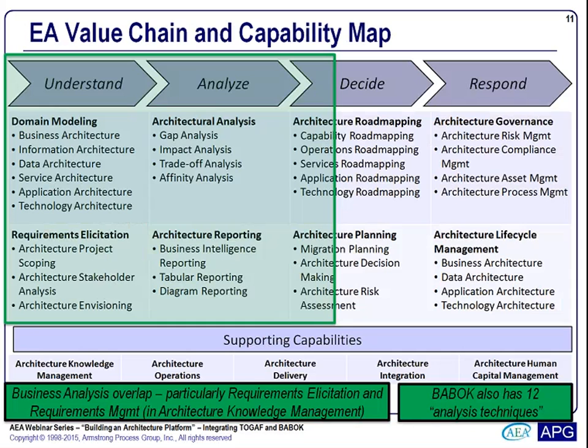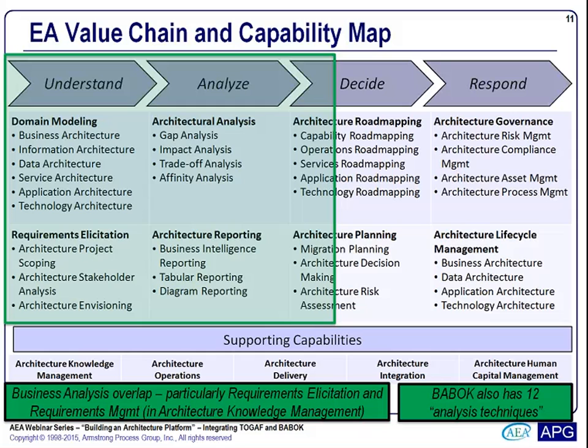Once we understand them, then we can analyze that content to come up with different alternatives and perspectives. Then we can apply architectural rigor and thinking for making informed, data-driven decisions, and then ultimately respond to the opportunities and actually deliver solutions upon that strategy.